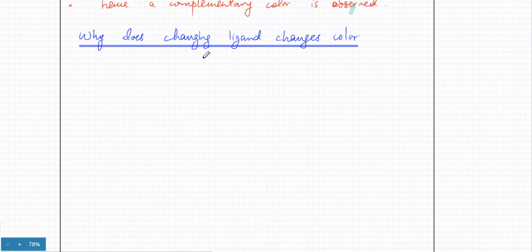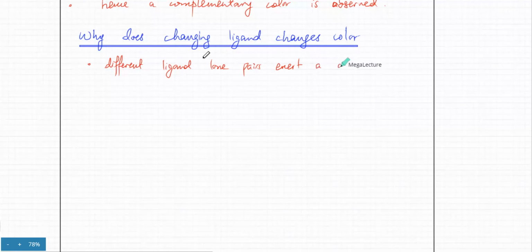The thing that you're going to write down is that changing ligands, or we can say different ligand lone pairs, exert a different amount of repulsion.